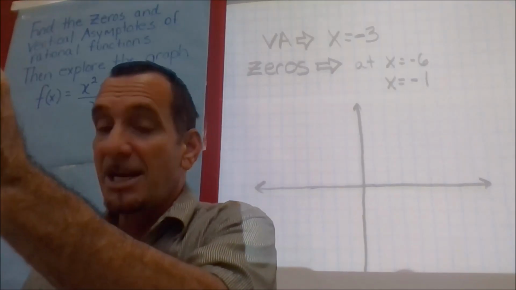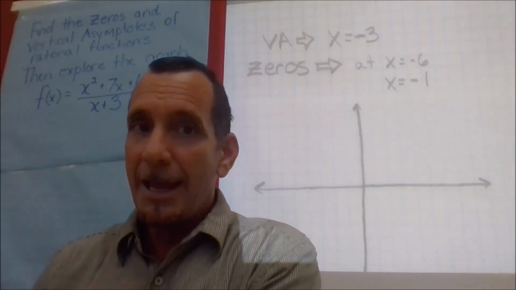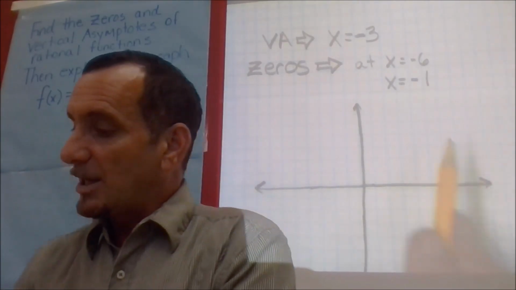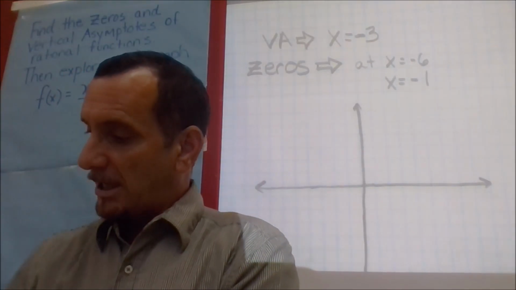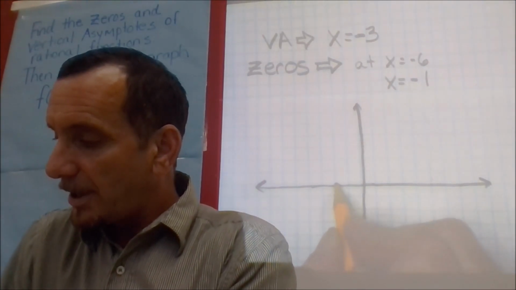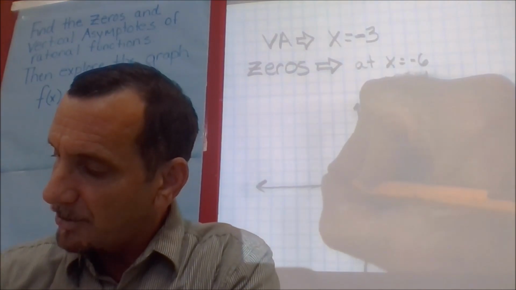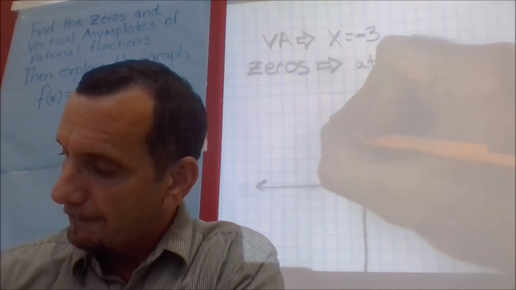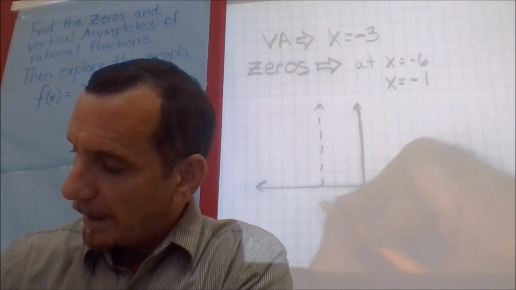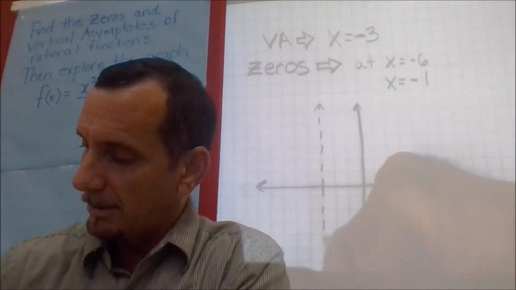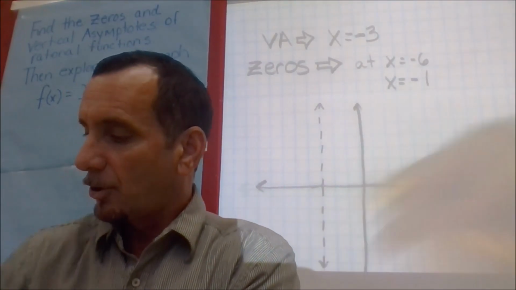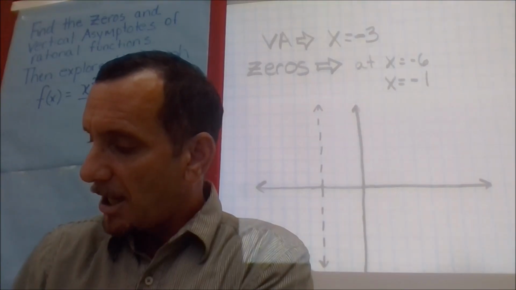I'm going to put the major points, and we've got x equals -3. So we're just going to come over here to x equals -3, and I'm going to draw a dashed vertical asymptote, VA.